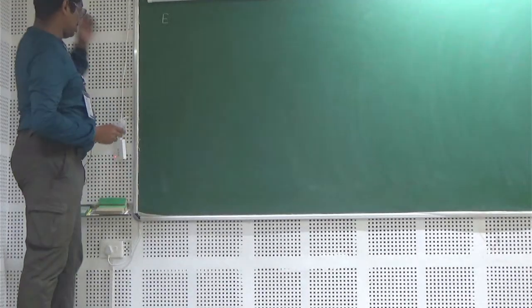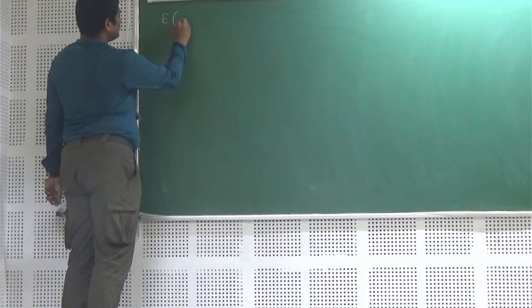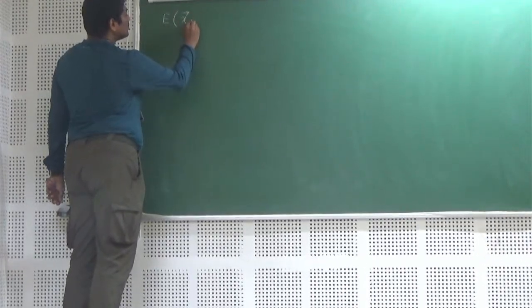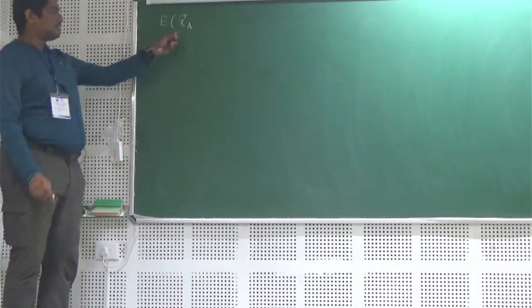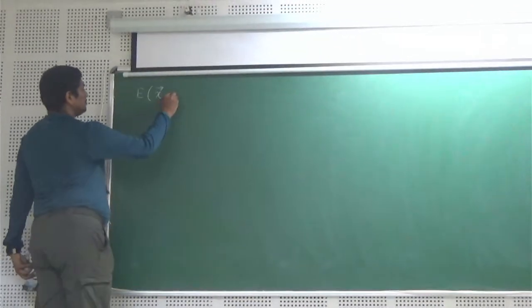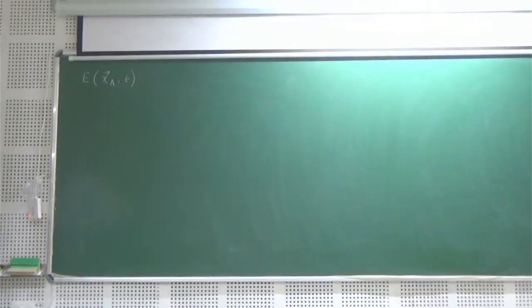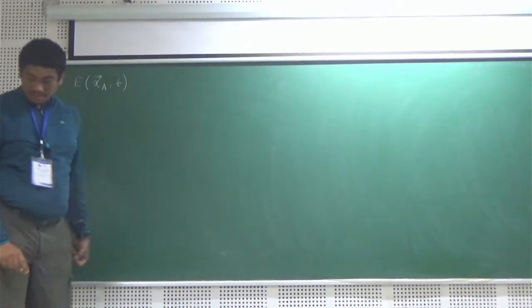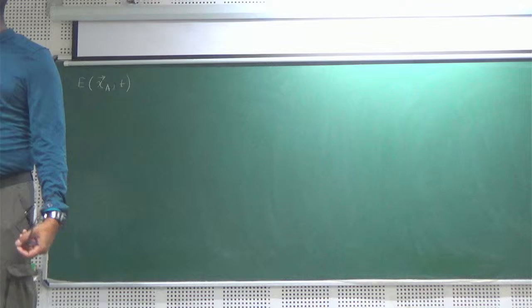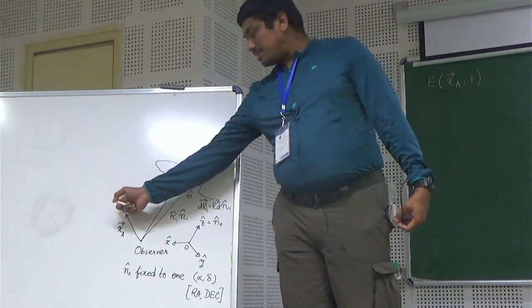Call it E. The E is measured at the antenna position XA. Now, if it is measured at antenna position XA at a time t, and it is coming from the source somewhere, it must have traveled from there to the antenna.